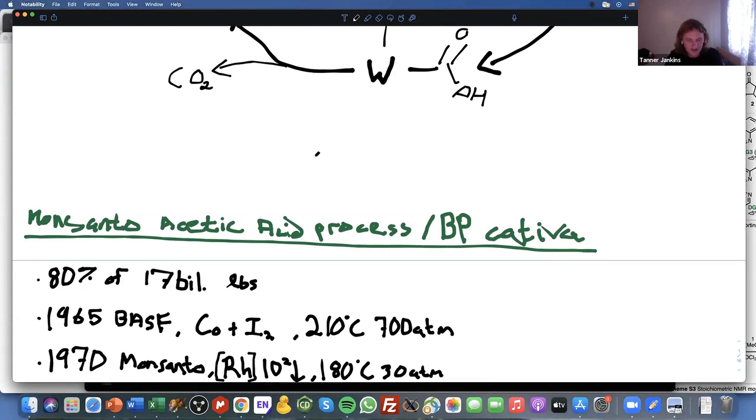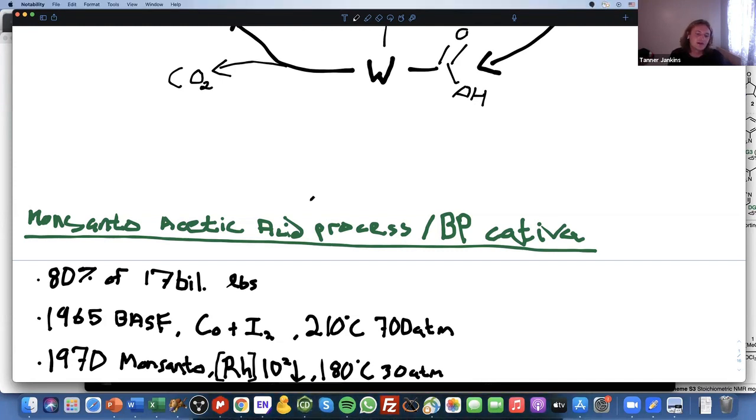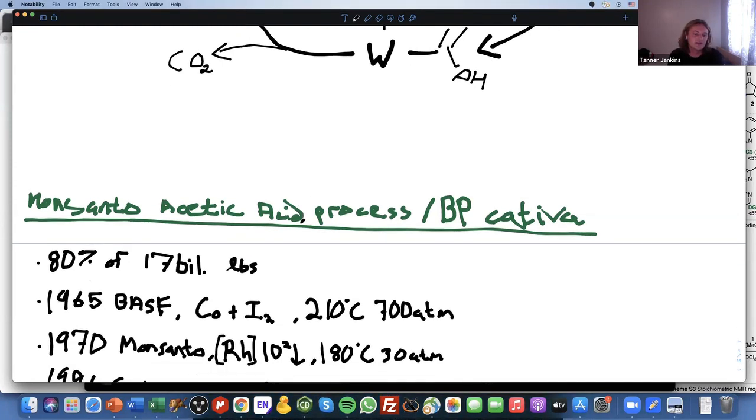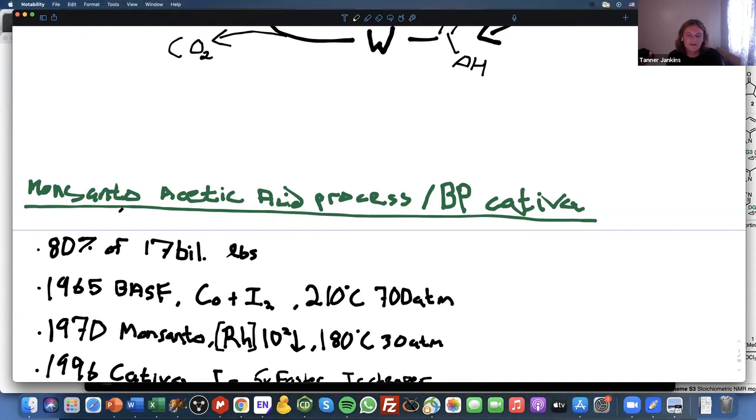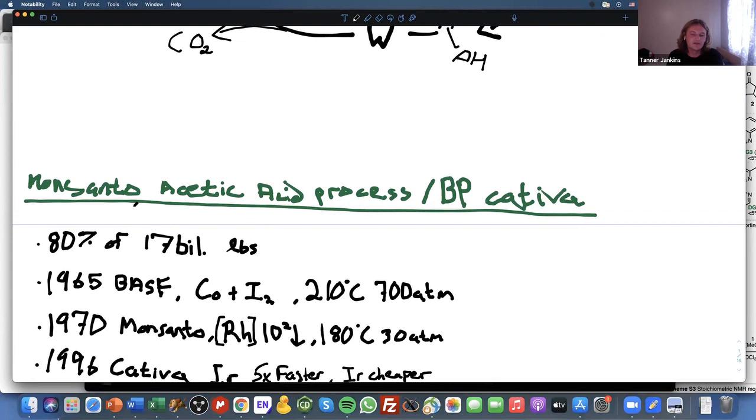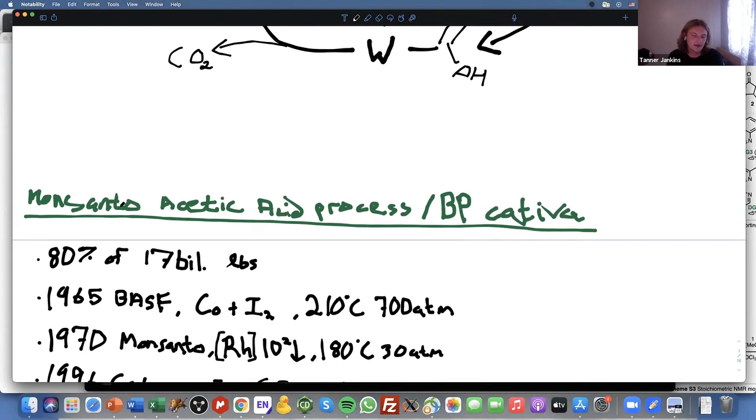As you might imagine, acetic acid is a commodity chemical, and in 2014, 17 billion pounds of it was produced worldwide. So it's a pretty high demand compound, and of that 17 billion pounds, approximately 80% of all acetic acid was produced using either Monsanto, BP, or another equivalent process. And so this is the main way that we produce our acetic acid.